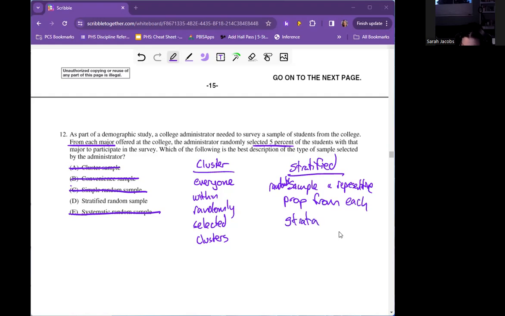You can think about strata as like a group. So that's what's being described here, because he's getting some people from every major rather than every person from some majors.